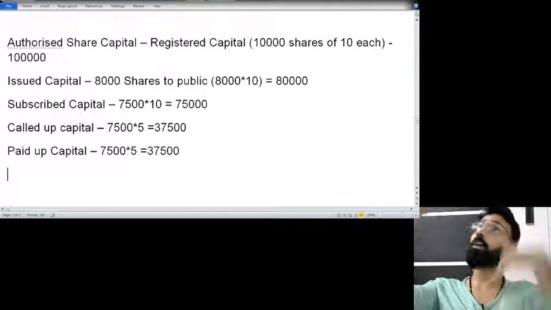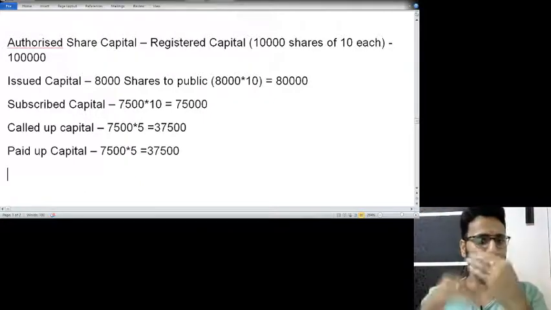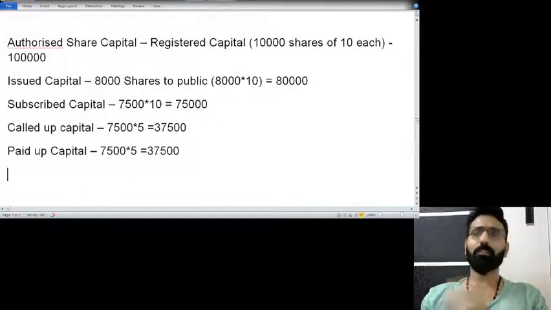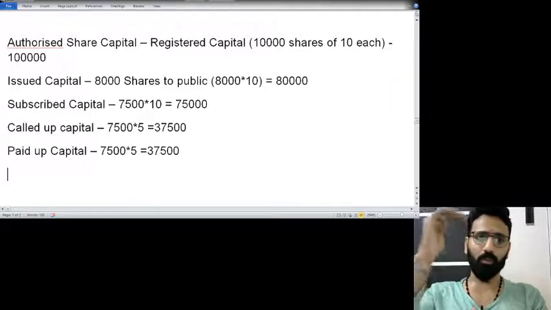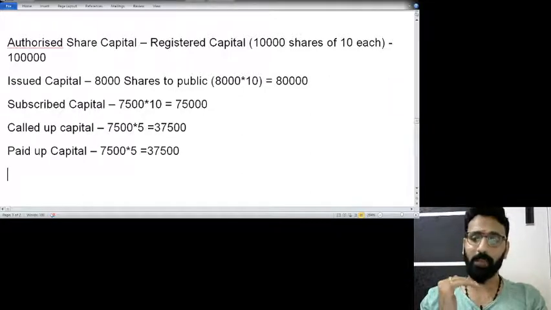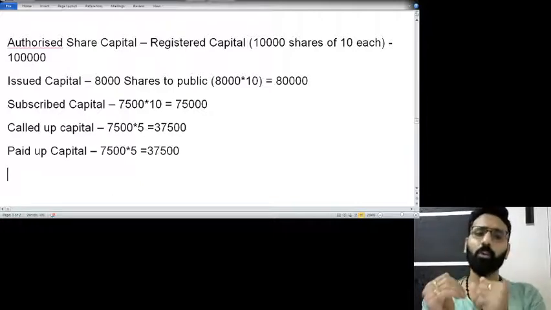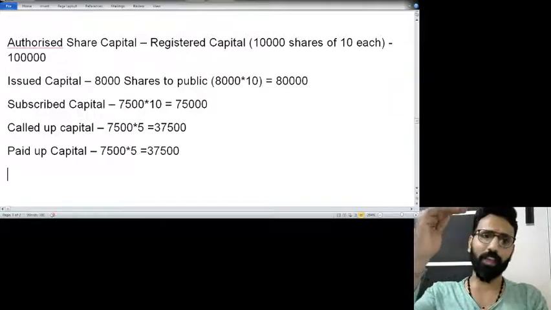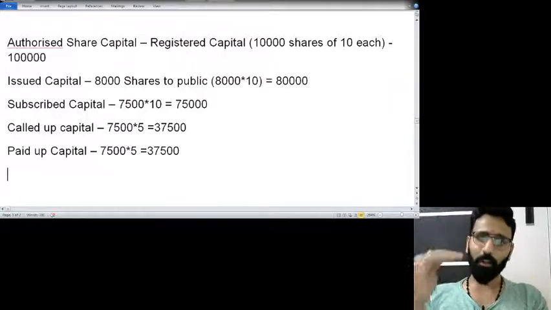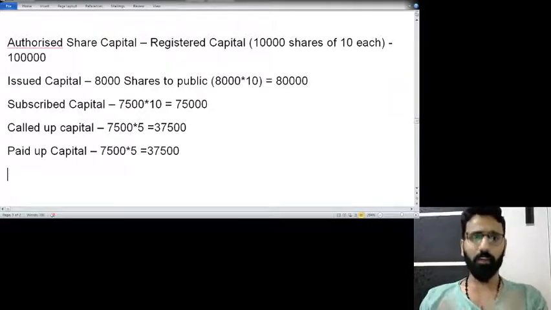You cannot issue beyond that unless you increase your capital. Authorized, and then issued can be equal to authorized, subscribed can be equal to issued, called up can be equal to subscribed, and paid up can be equal to called up. So the hierarchy is authorized, issued, subscribed, called up and paid up. So this is the basic understanding of your share capital.